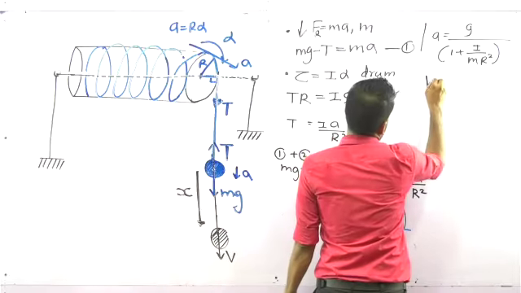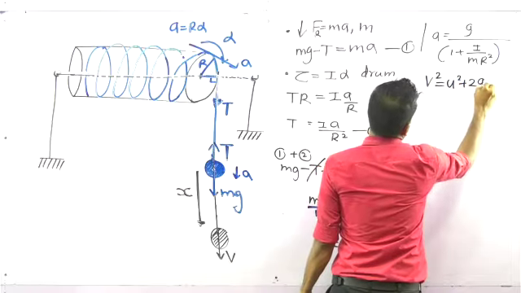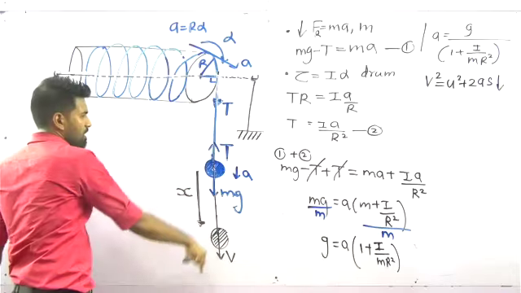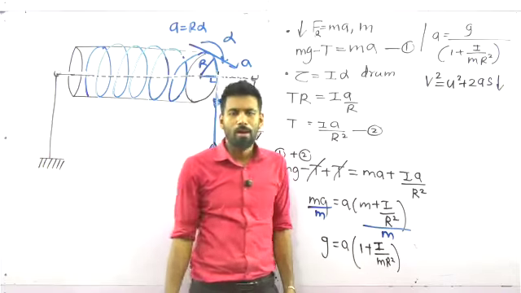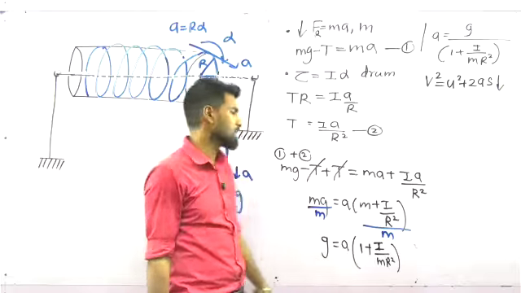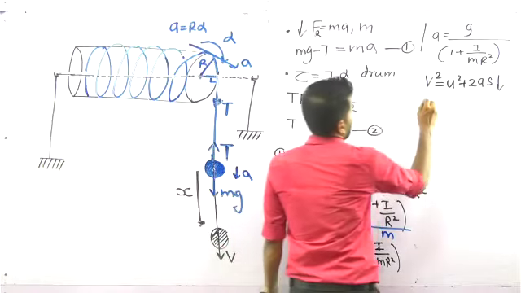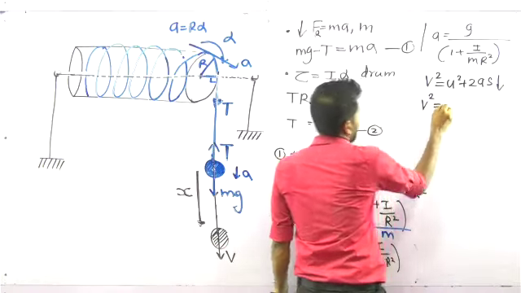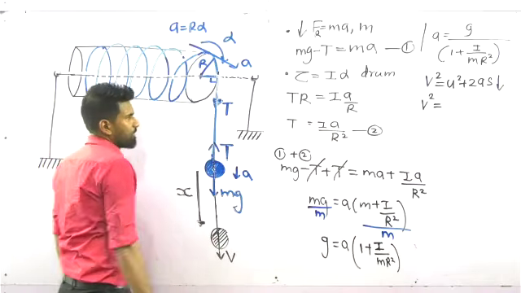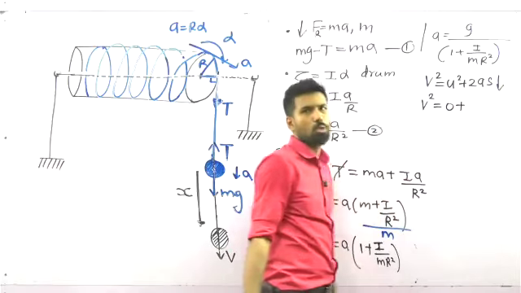As the final target, I am applying v square equals u square plus 2as downward. After a distance x, it has gained a velocity v. Initial velocity is 0, since the system starts from rest.